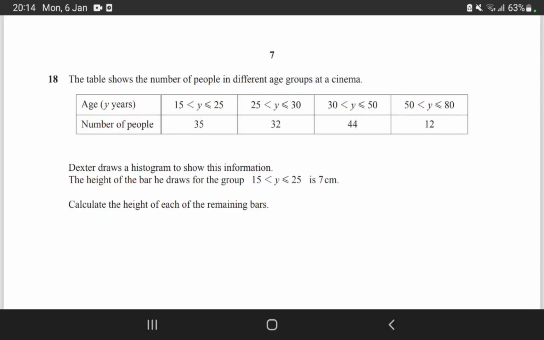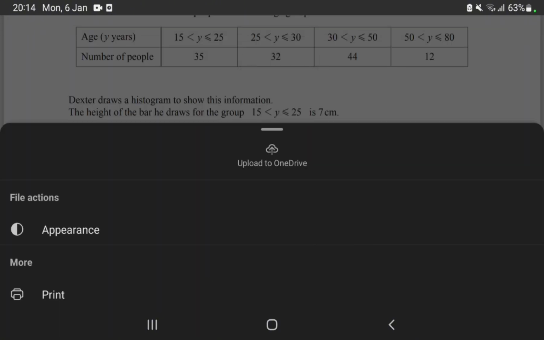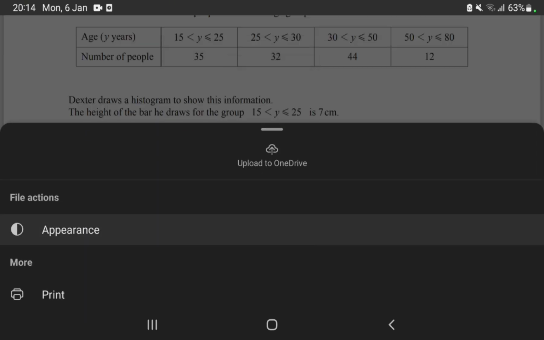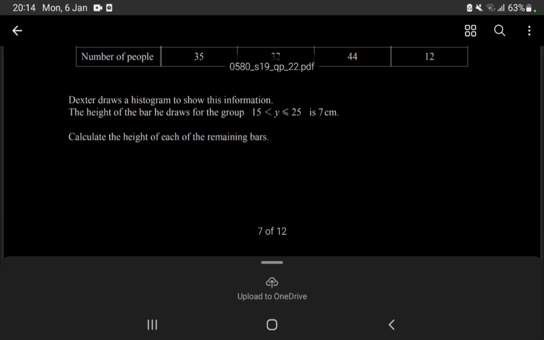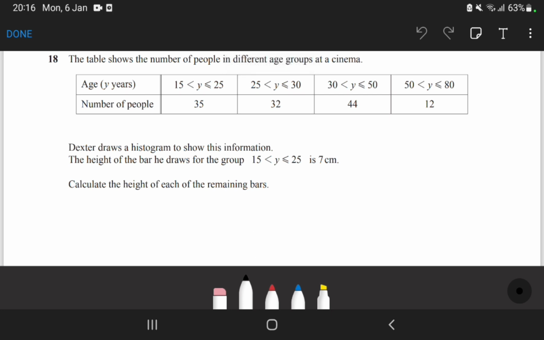So guys, for this question, to find the height of each of the remaining bars, we do 35 minus 35 divided by 25 minus 15, which will give us 3.5, right?